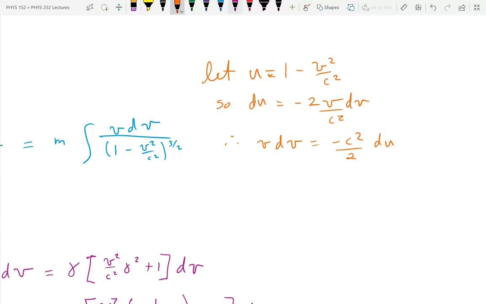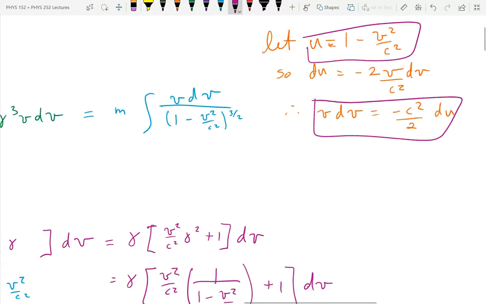And so I'm going to substitute in this and this to make my integral. There's my minus c squared over 2.